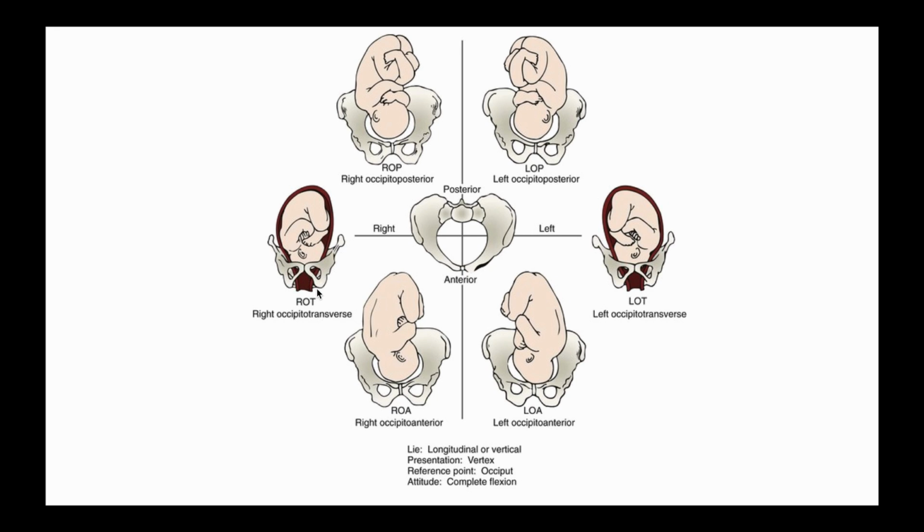Whilst in right occipito-transverse, the occiput is pointing towards the right side of the maternal pelvis, or the transverse side of the maternal pelvis, and the spine of the fetus is pointing to the right side of the mother. So these are the various positionings that the baby can assume.